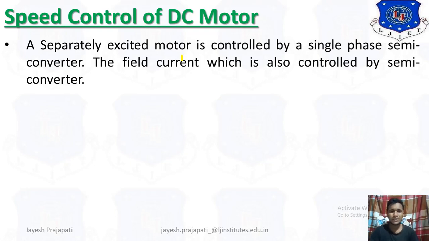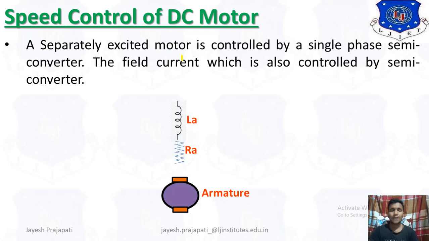If we look at the figure for this DC motor, it is like this. That is the armature, then armature resistance, armature inductance, and this is connected. Since it is a separately excited motor, we have the field winding separate.